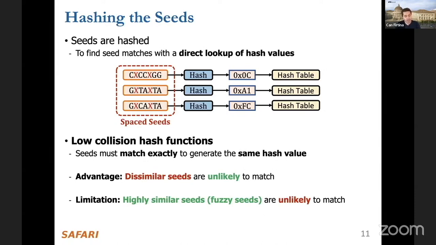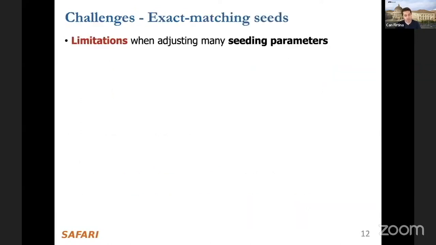There may be other regions where the seeds do not exactly match but are still highly similar, meaning that if we align the read to that region, we would still be within a particular edit distance budget. So forcing the seeds to exactly match could lead us to generate less accurate results.